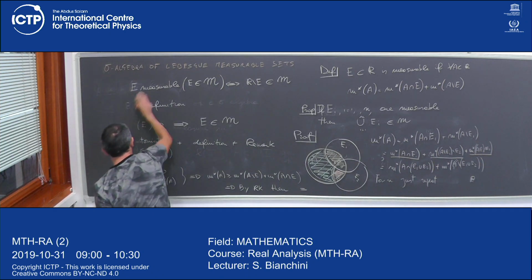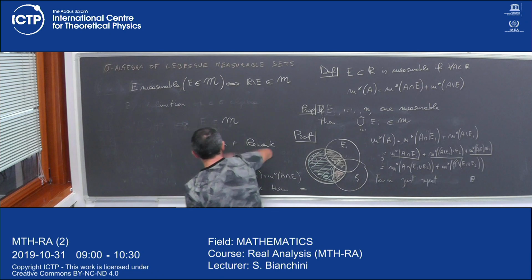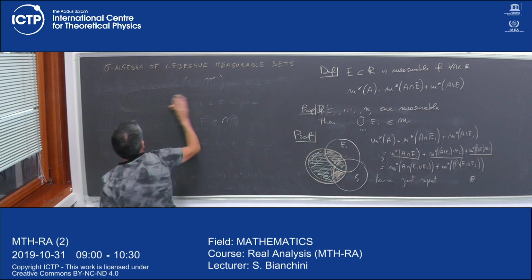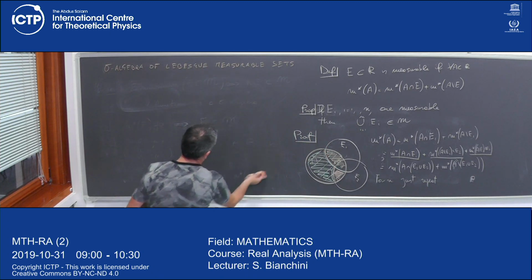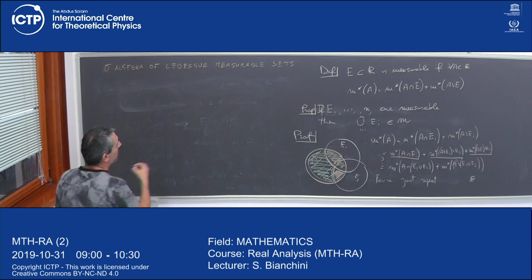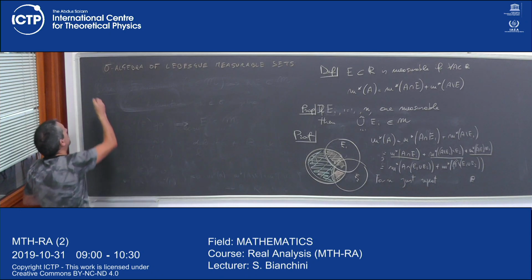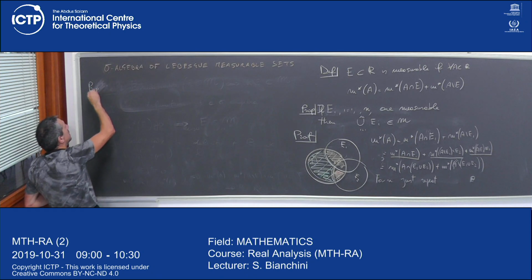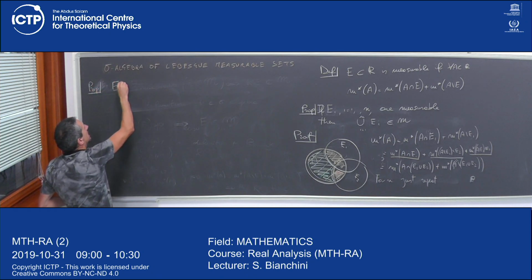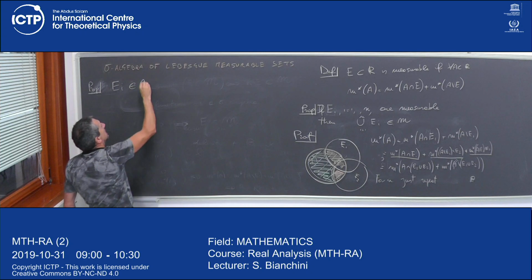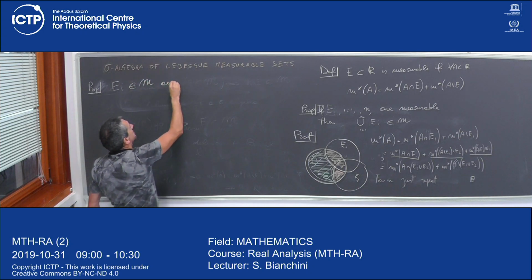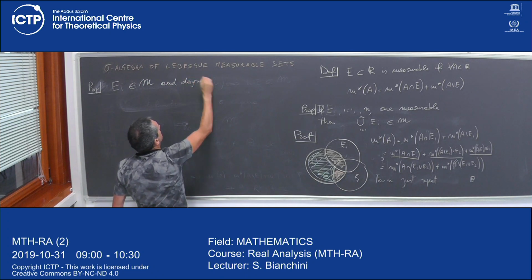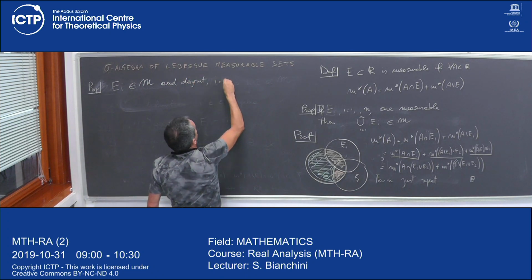So now, at the end, the proof tells you why the definition becomes a little bit more natural. Let the Pi be disjoint, for i equal to 1 to n.